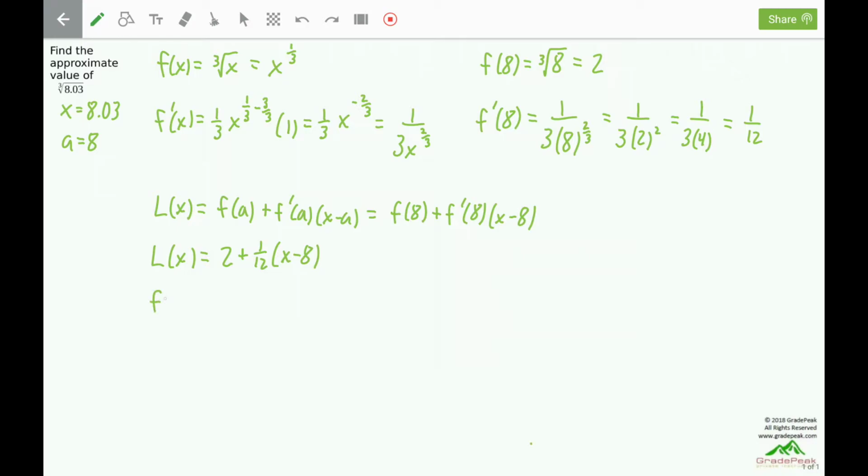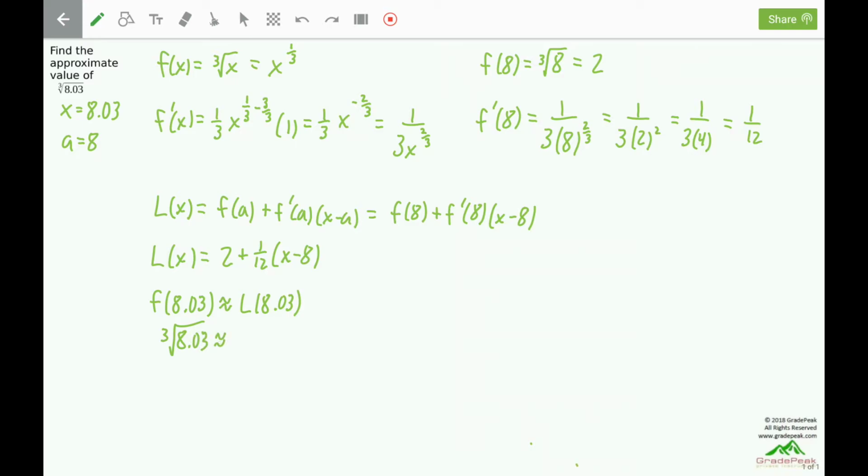f of 8.03 can be approximated by L of 8.03. f of 8.03, if we plug that in for x in f of x, will be the cubed root of 8.03.